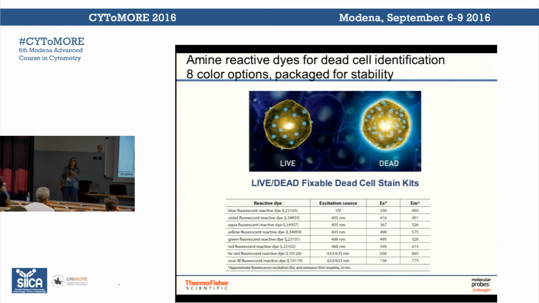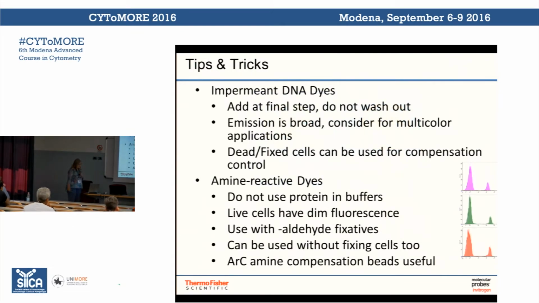And there's a lot of different colors. I showed a lot of options for the DNA impermeant nucleic acid dyes, and there's a bunch of different options here as well for the live dead fixables. So some of the tips and tricks here. With the impermeant DNA dyes, add it as a final step and don't wash it out.